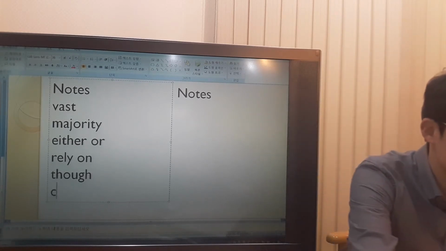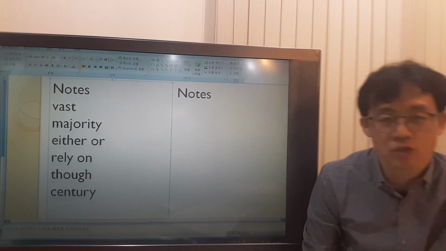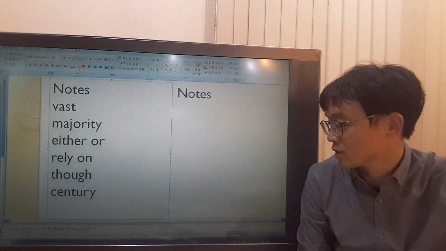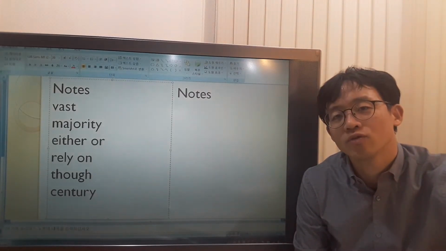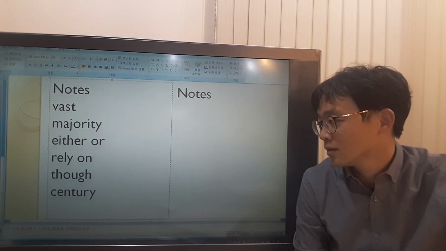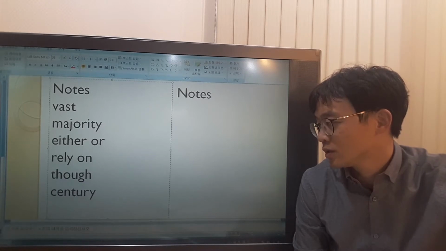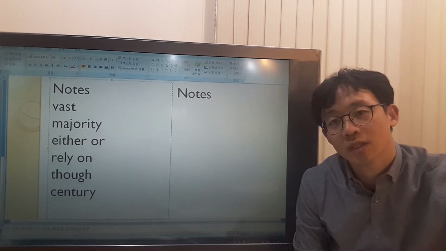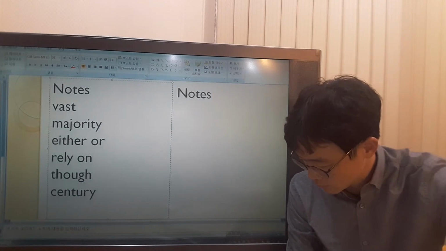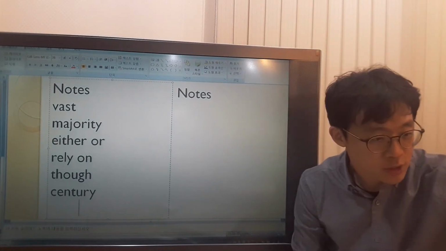For centuries. What's a century? Century is 100 years. Cent means 100. There are 100 cents in $1, and what else? 100 centimeters in 1 meter, okay? Century is 100 years.